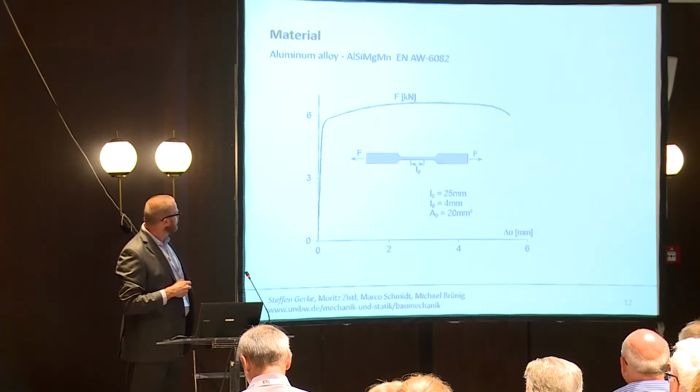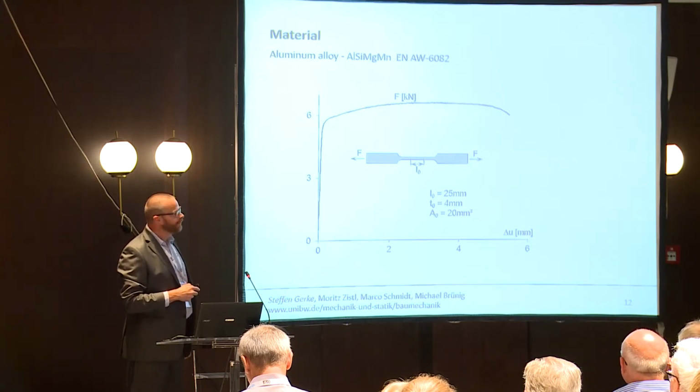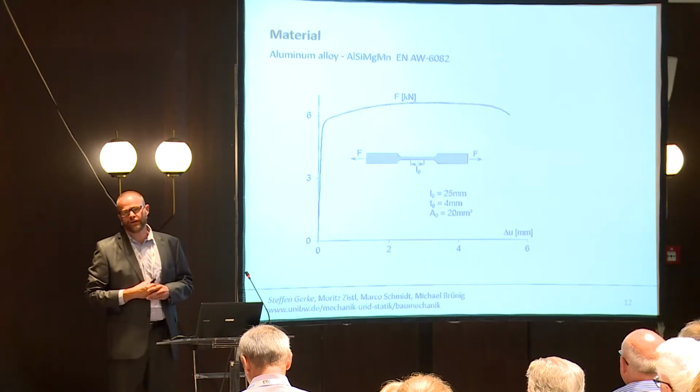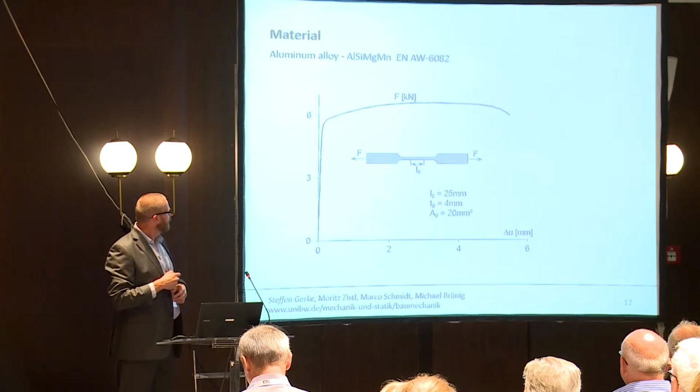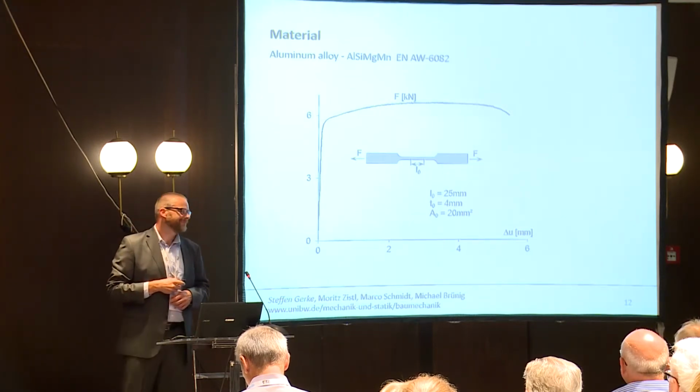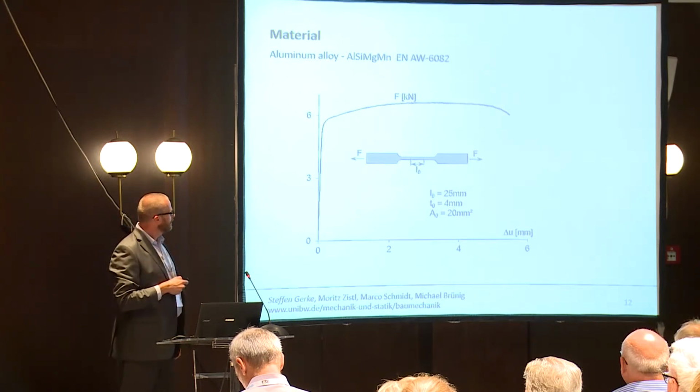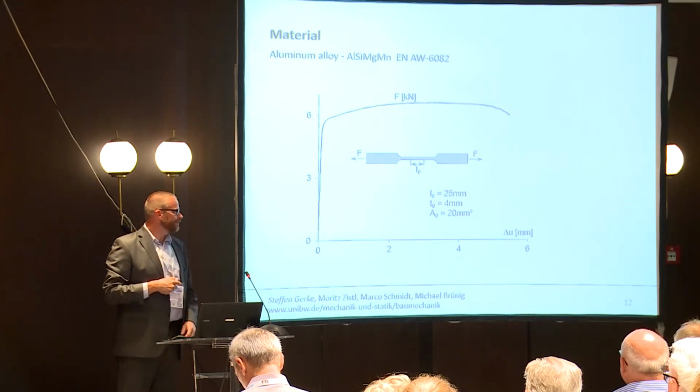And the other thing is you don't have significant hardening here, which is also difficult for the experimental behavior during the experiment. It's easier to do the experiments if you have hardening. But now we are with this material and we are trying to manage.